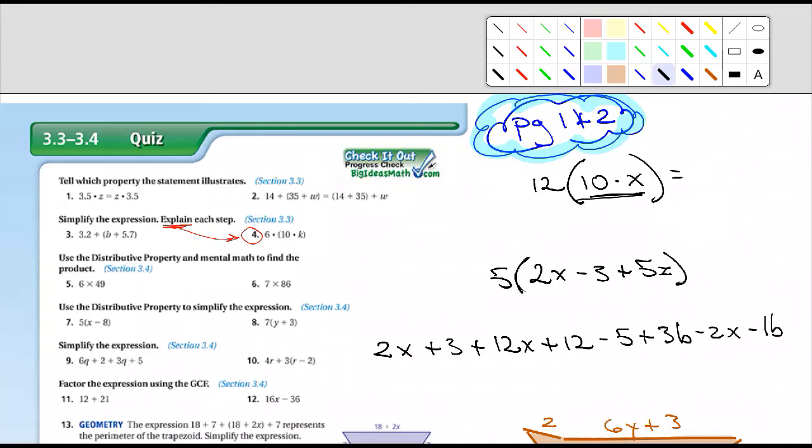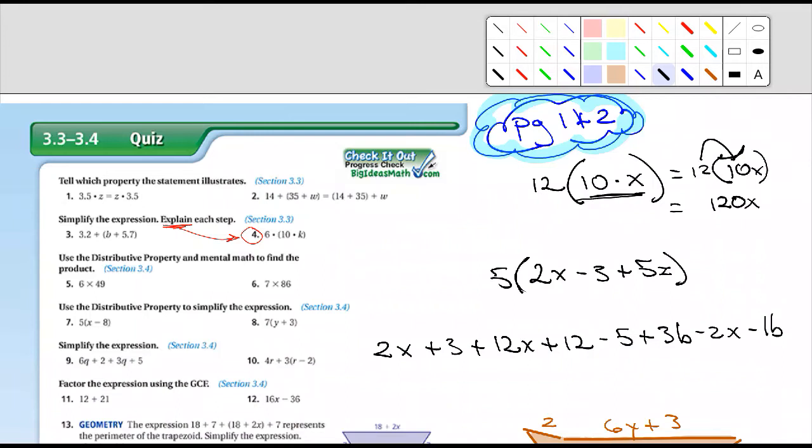What's 10 times x? 10x. Then I put that in parentheses and put the 12 outside the parentheses. What's 12 times 10? 120. And there's an x involved, so it's 120x.